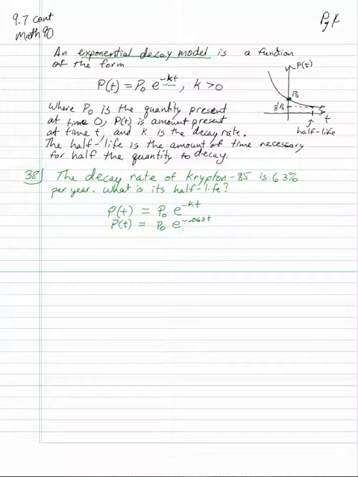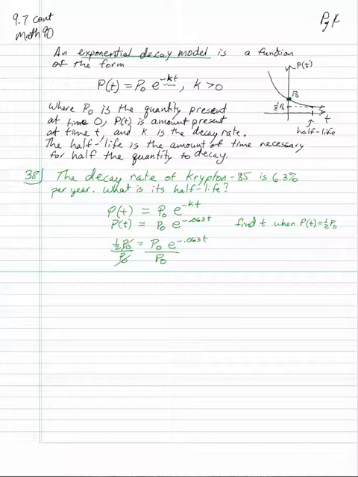Now to get a half-life, we want to find t when P(t) is equal to half of P sub 0. So we plug in: 1/2 P sub 0 equals P sub 0 e to the negative 0.063t, and then divide both sides by P sub 0.